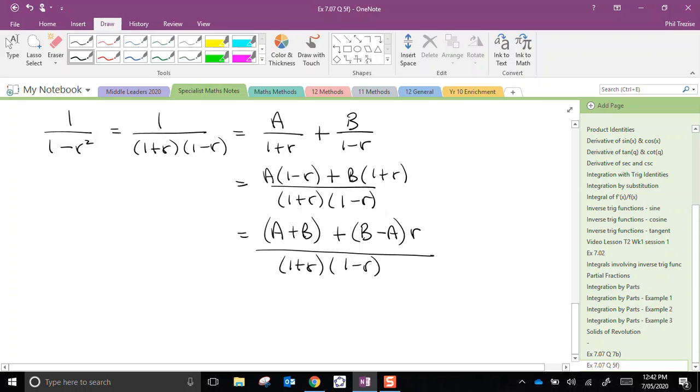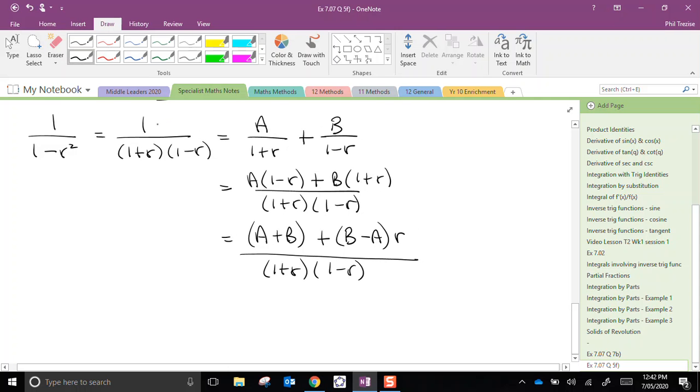Now, we can see from the term up here that this is really 1 plus 0 r. Let's make that a bit larger so it looks like an actual 0. 1 plus 0 multiplied by r. So I can make the connection here between the constant 1 and the term a plus b, and the coefficient 0 and b minus a.